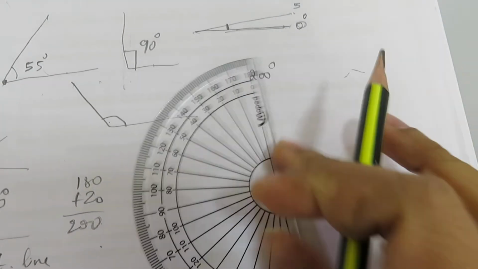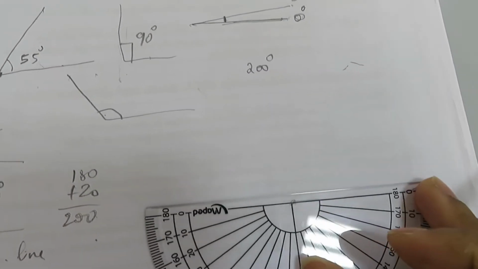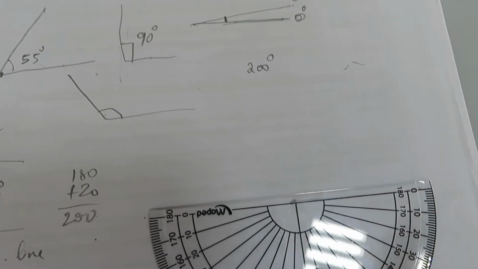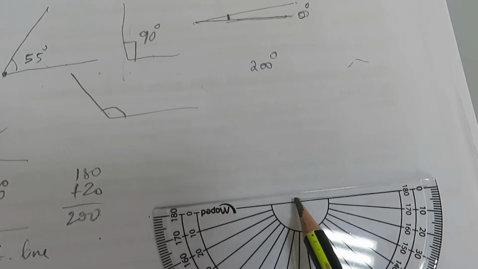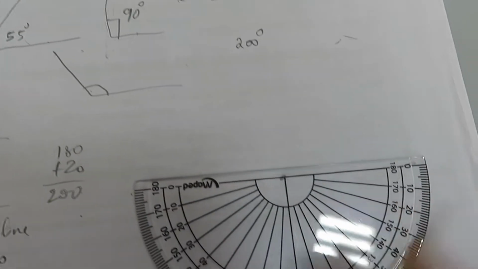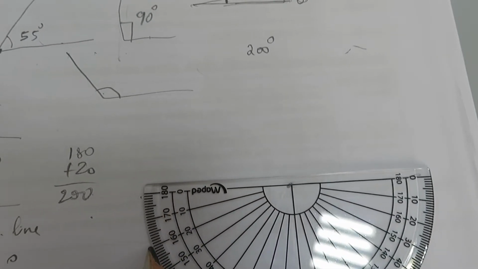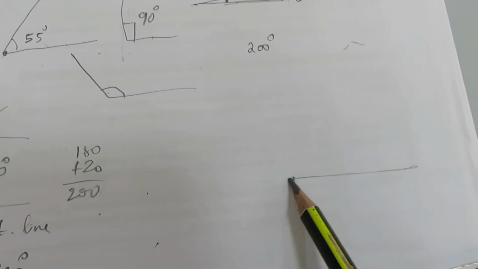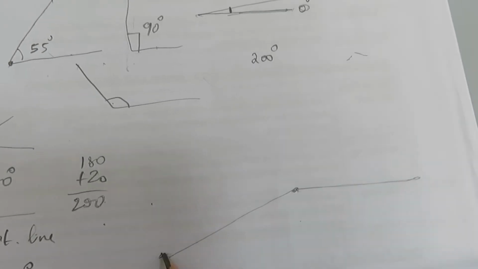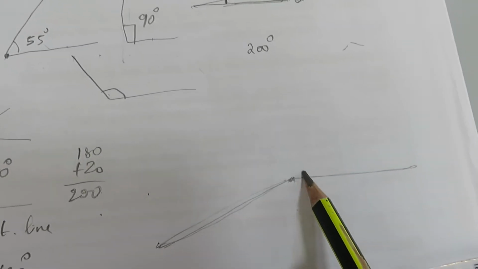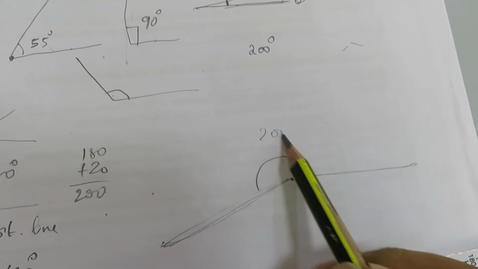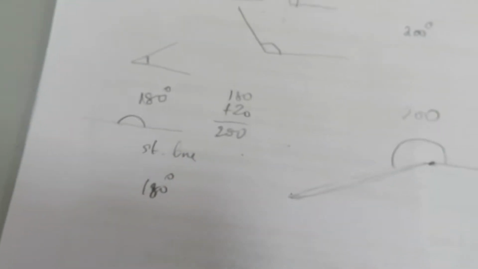So you reverse your protractor, you keep your vertex or the plus point over here, you overlap your two lines. Now from here you need 20 more. So you mark this particular point and you join it with a straight line using a ruler. Now this particular angle is going to be your 200 degree angle. Is it clear?